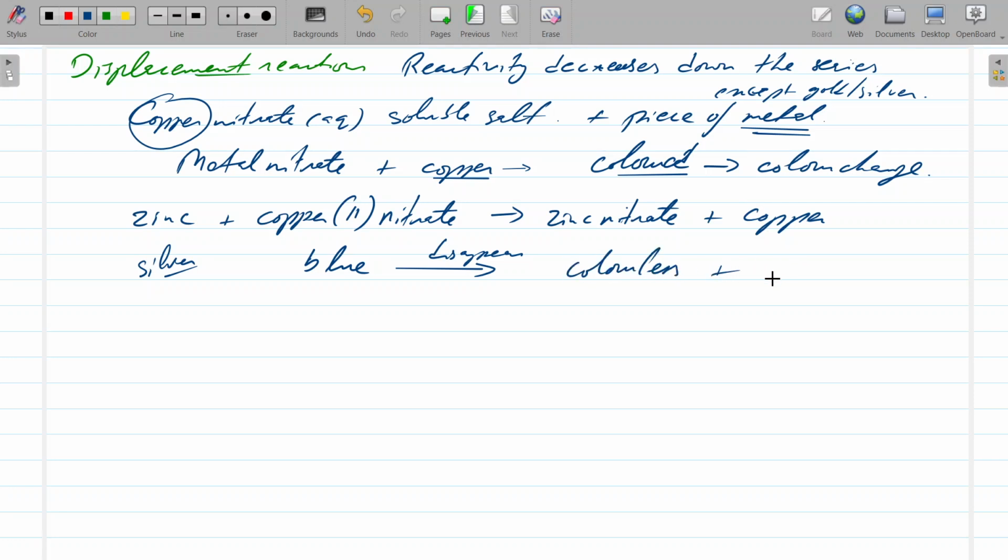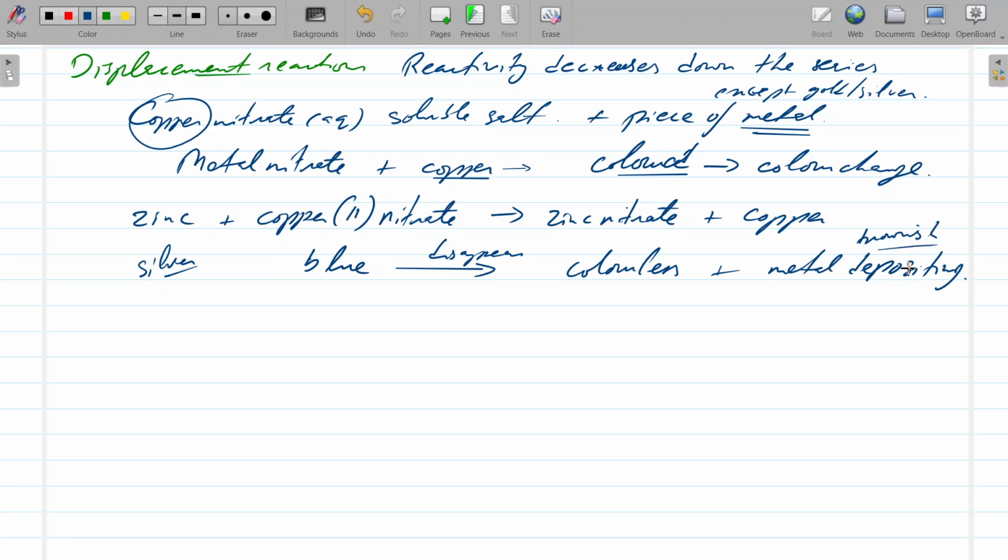And you're going to have copper metal depositing. You're going to have something brownish, but that will be deposited.